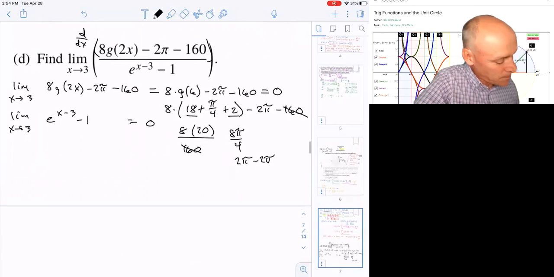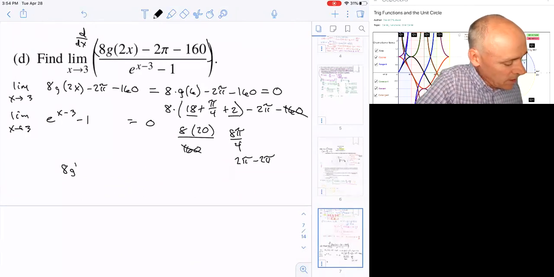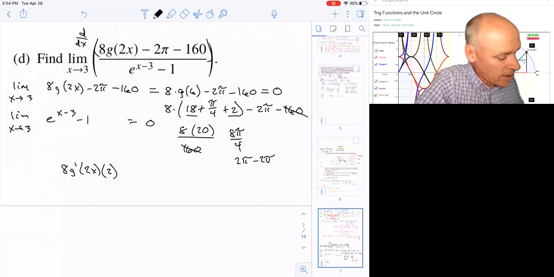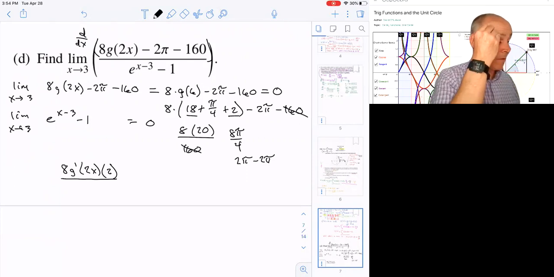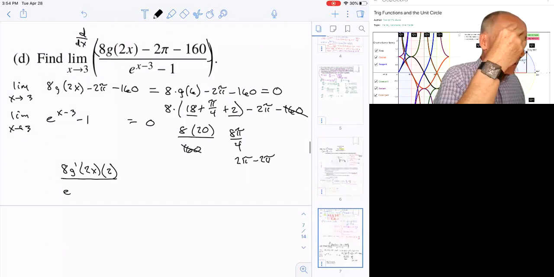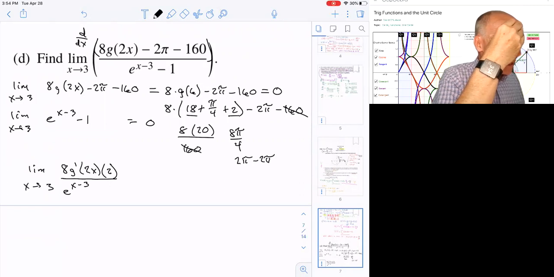It's going to be 8 times g prime at 2x times 2. Okay, and then all the rest of this is going to go away, because those are constants. Over, and then the derivative of the denominator is going to be e to the x minus 3, and that's it. And now again, I'm looking at the limit as x approaches 3.